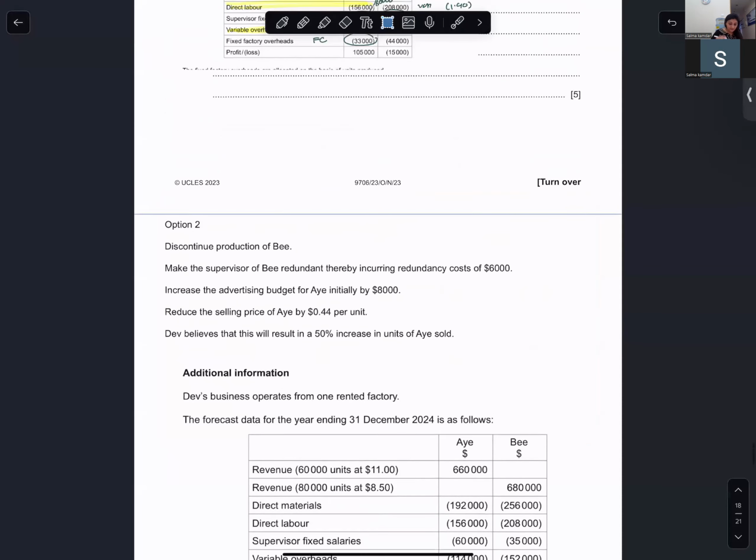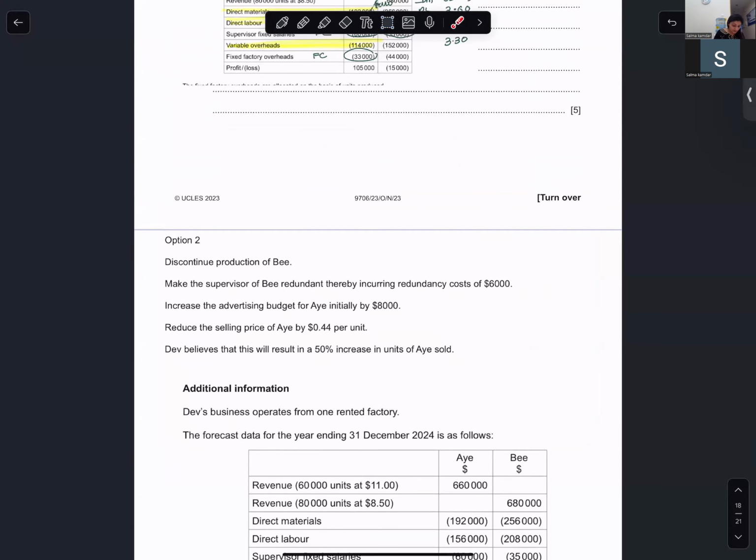Now we have option 2. What is option 2 telling? Discontinue production of B. Stop the production of B completely. Make the supervisor of B redundant, thereby incurring a redundancy cost of 6,000.